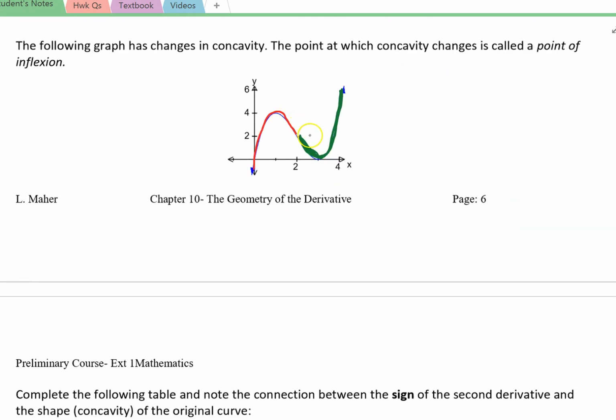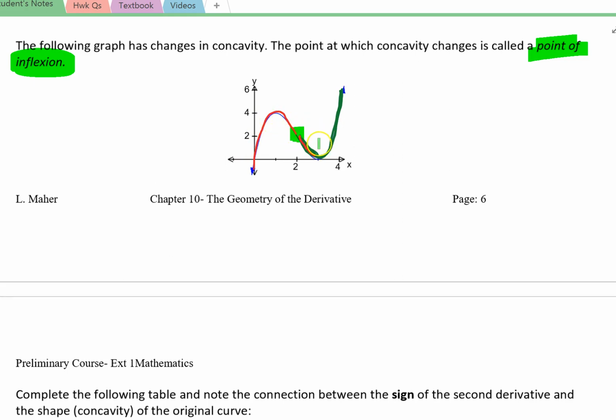And when it changes concavity, we have this point of inflection. A point of inflection is a change in concavity. And you'll see later when we focus a little bit more on points of inflection that you must show that concavity changes. From this point, previously, as you can see here, because this is concave down, your second derivative would have been a negative.